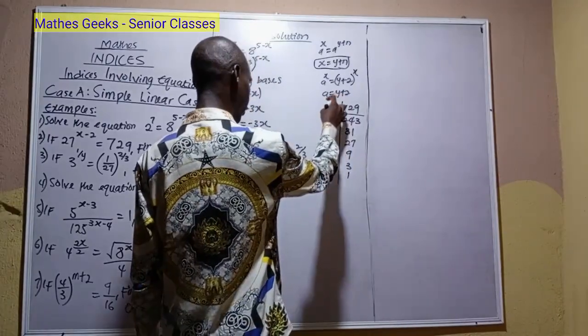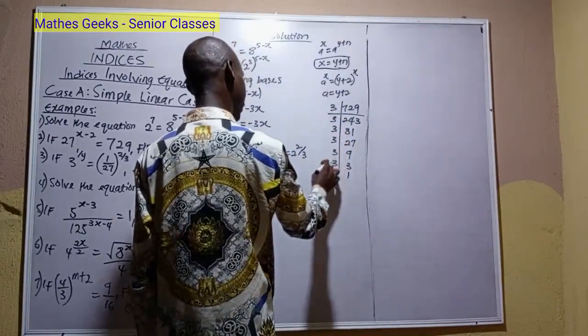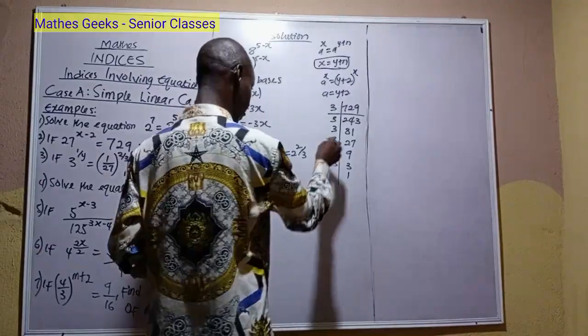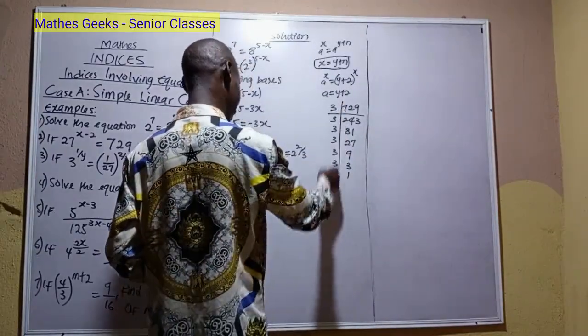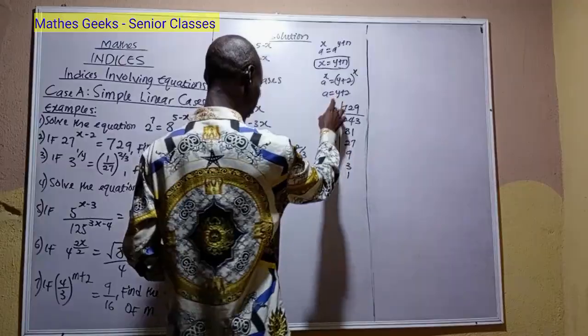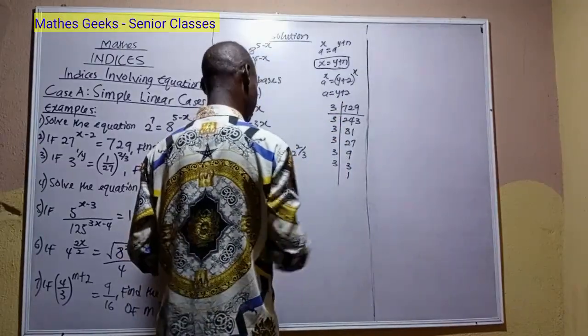So 3 times 3 times 3 times 3 times 3 times 3 will give me 729. So this is 3 multiplied by itself repeatedly: 1, 2, 3, 4, 5, 6, 6 times to give us 729.